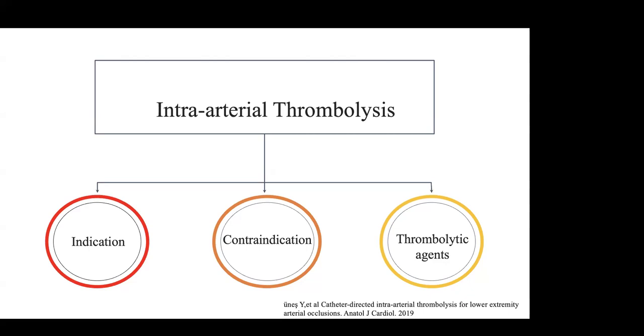The mechanism of action is the direct activation of plasminogen. When infused IV, it remains inactive in the circulation, but when it binds with the fibrin of the thrombus, it activates, causing plasminogen conversion to plasmin and degradation of the thrombus fibrin.